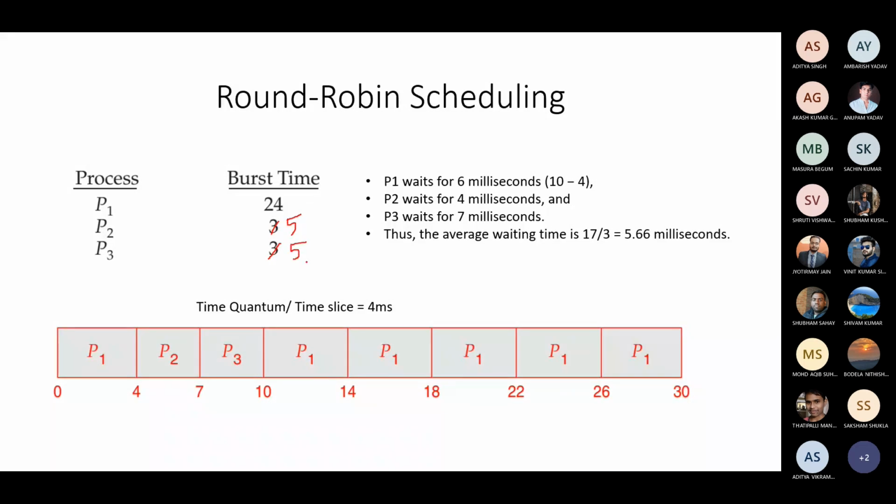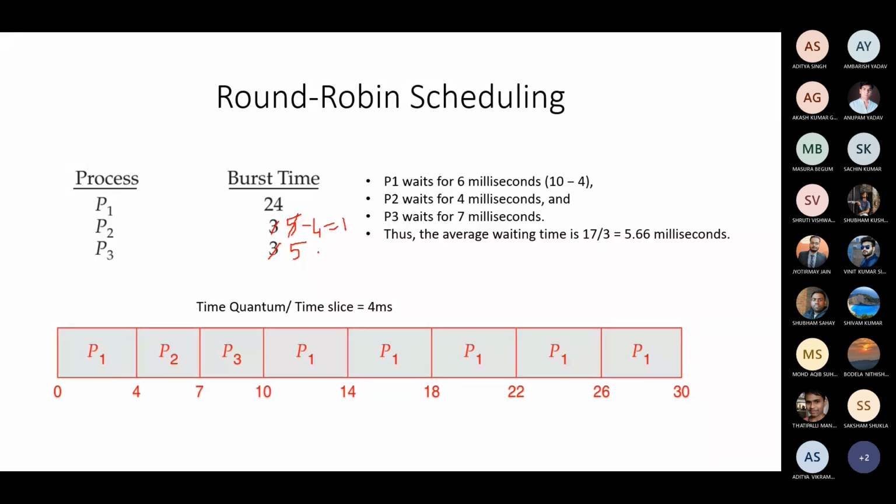Imagine P2, P3 will take 5 seconds. Now what will happen is P1 will spend 4 milliseconds. So this is correct. P2 will also take 4, it will be 8. P2 will also take 4 milliseconds. So 5 minus 4, the remaining time will be 1.